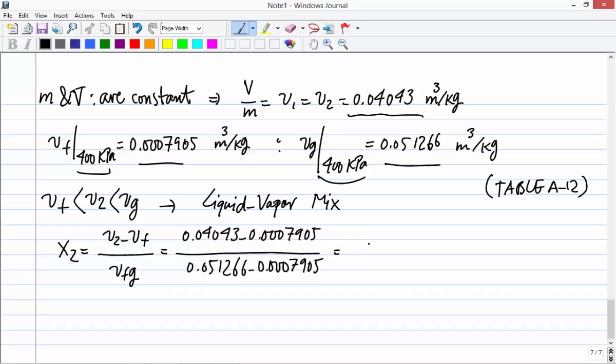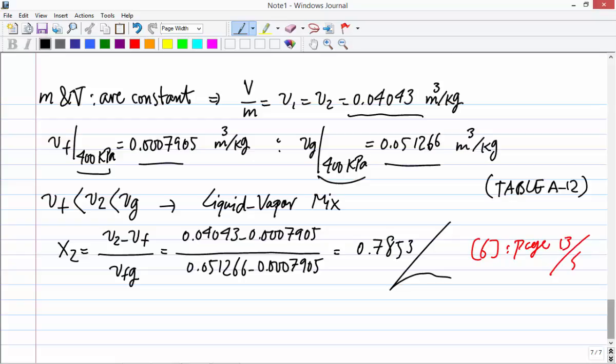So x2 would be this. That's it, and its unit is dimensionless. If you don't remember that equation, check page 13 of lecture note number 6.